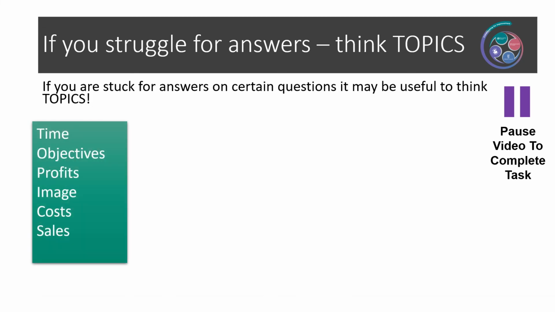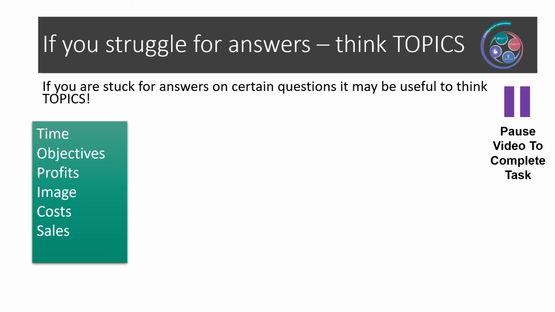So what I mean by topics, I mean you can always talk about time, the time something takes, whether it's time consuming to gather or whether it's time efficient. You can always talk about the objectives of the organisation. An advantage of something might mean that it can lead to growth, or it could lead to a business becoming market leader.